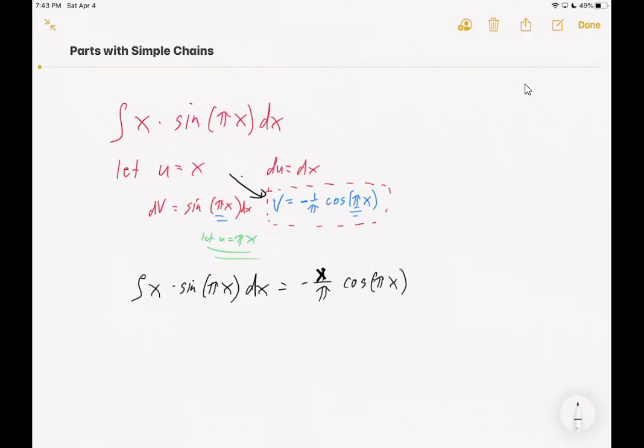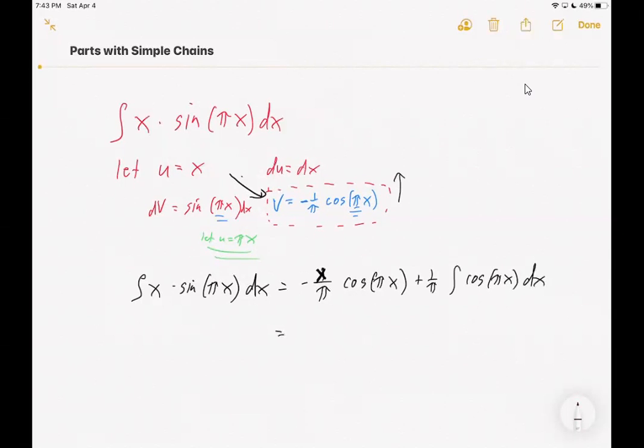So you could put 1 over pi times x or x over pi. That's the uv minus the integral of the v du. So minus negative 1 over pi, that becomes plus 1 over pi, the integral of cosine of pi x dx.